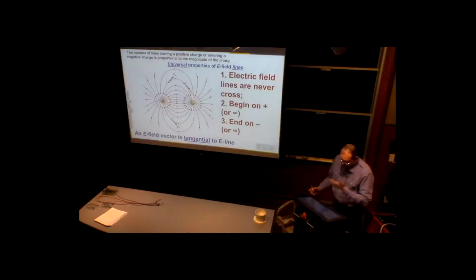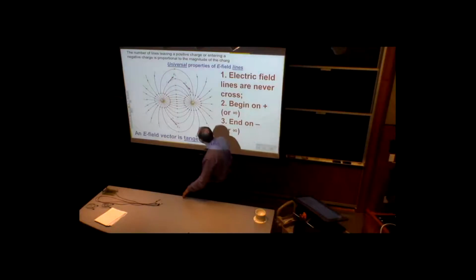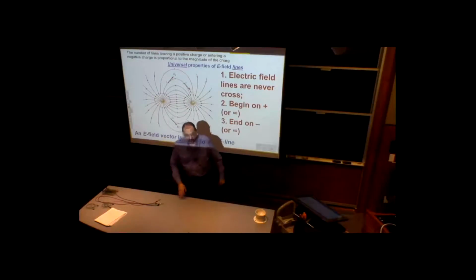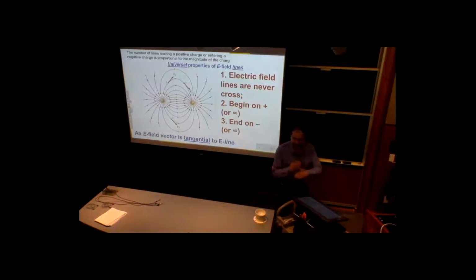This is how the electric field of a dipole looks like. And for any situation, we can use the same approach to draw electric field for 3 charges if we want to, 4, doesn't matter. There are rules which always apply. For example, electric field lines never ever cross.